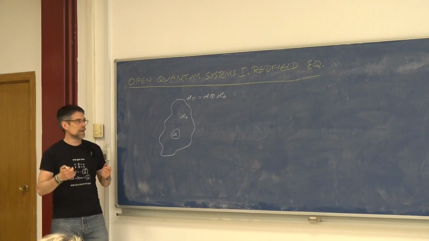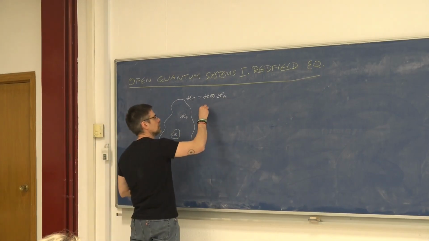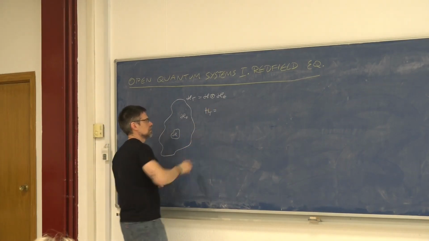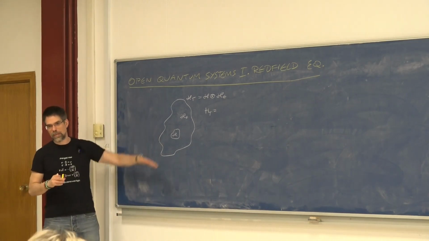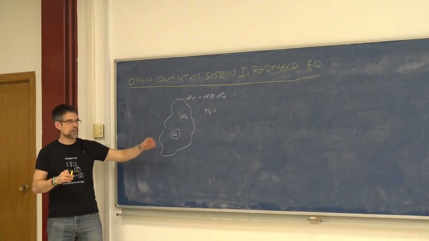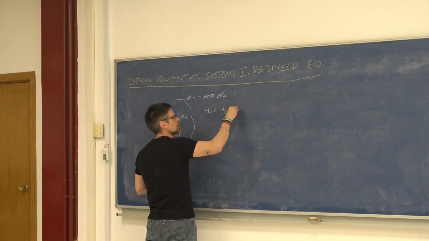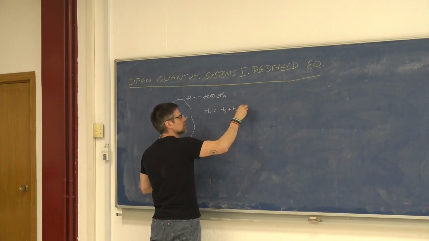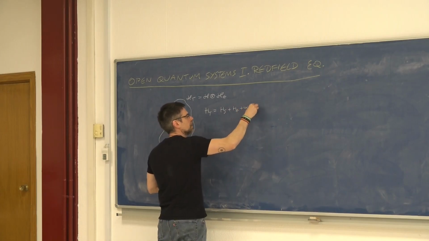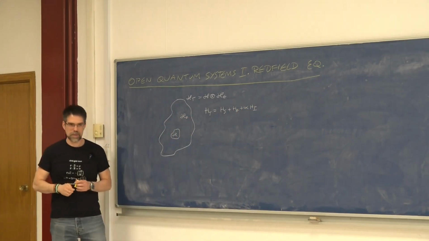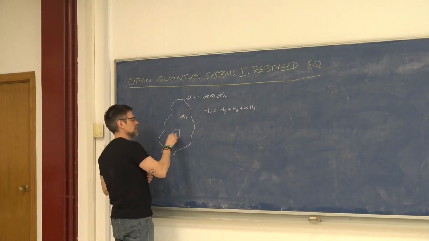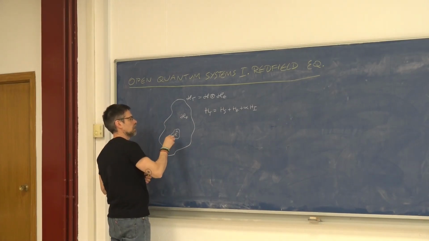In general, we are going to have a Hamiltonian of the full dynamics of the full system plus environment, that we can decompose into the Hamiltonian of the system plus the Hamiltonian of the environment plus what we are going to call the interaction Hamiltonian. So the dynamics here is controlled by one Hamiltonian.